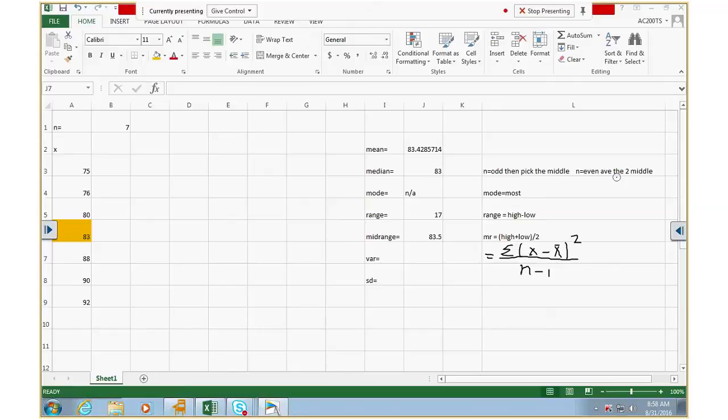Now, a formula in mathematics is like directions on a trip, or directions on putting together a bicycle. If you choose to throw the directions away, then don't get mad when you don't know what's going on. You've got to read the formula. You've got to read the directions.